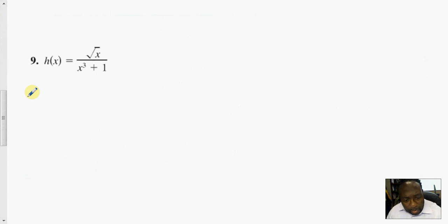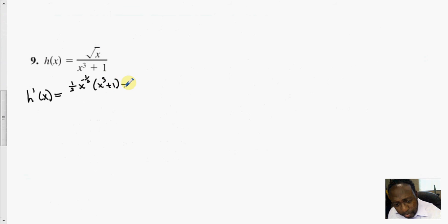Take the next problem. h prime of x is equal to the derivative of the numerator, where the derivative of x to the 1/2 is 1/2 times x to the negative 1/2, times our denominator, minus our numerator times the derivative of our denominator all over the denominator to be squared.